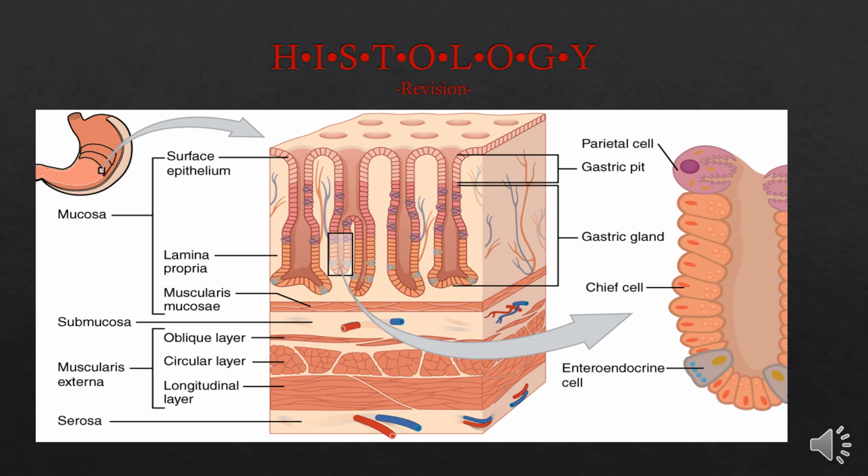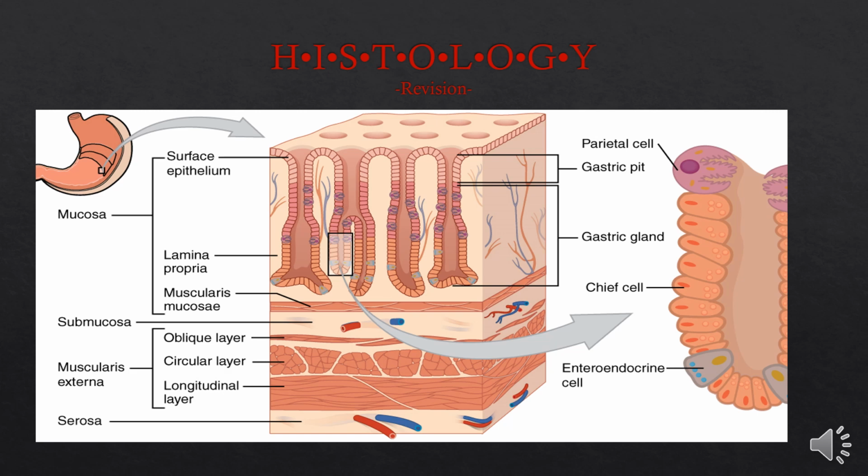The mucous neck cells produce mucus, and so do the surface mucous epithelial cells. The mucus which is produced by these mucus cells forms a part of the protective barrier which protects the underlying tissue from harm by the gastric juices which are produced by the stomach, as well as from invasion by microorganisms.